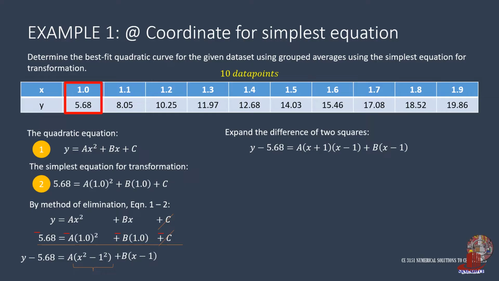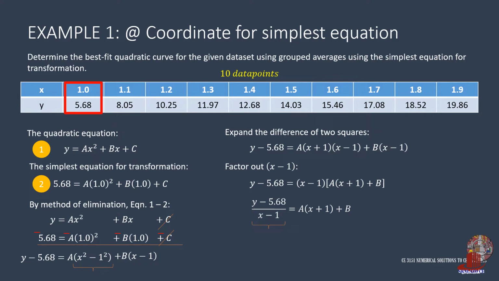This time, factor x minus 1 and get y minus 5.68 equals the factor x minus 1 multiplied by a times x plus 1 plus b. Divide everything by the factor x minus 1 to get y minus 5.68 over x minus 1 equals a times x plus 1 plus b.